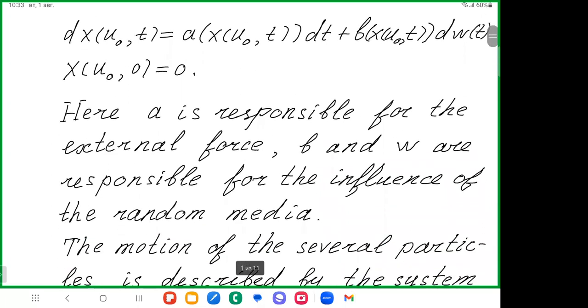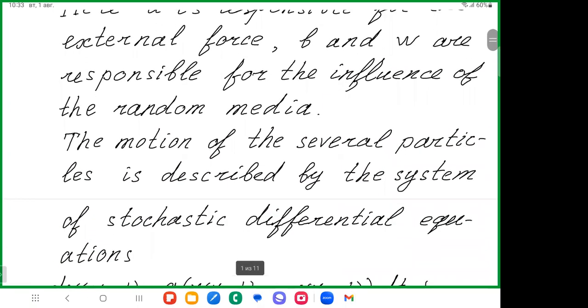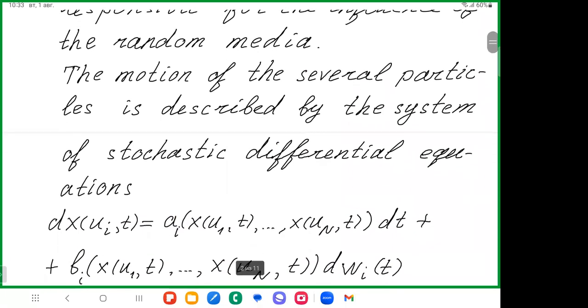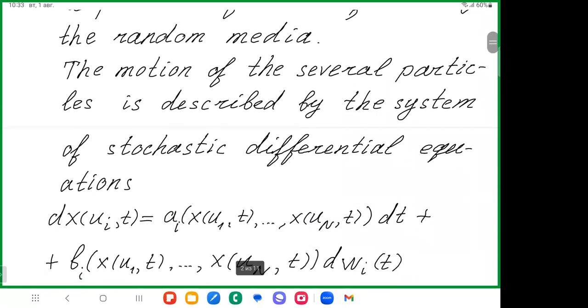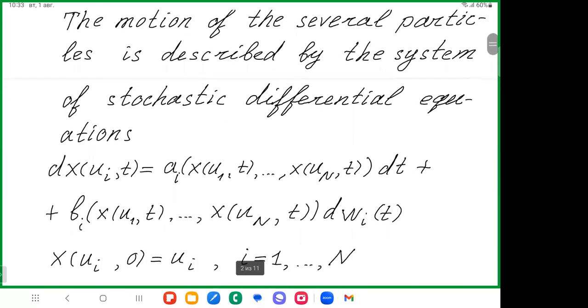The idea is trivial, and maybe we can just write the system of stochastic differential equations. So we will see such coefficients like for a fixed i, we have coefficients A_i, which reflects dependence of the external force and the interaction with other particles.